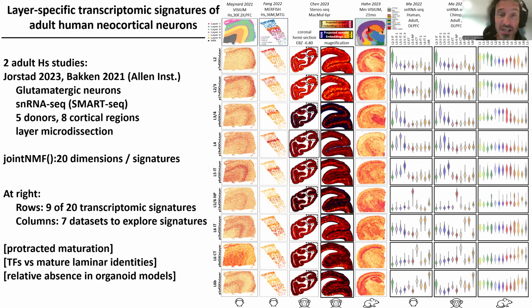So that's a projection of the signatures we get out of the first 2 data sets that have all the deep sequencing, all adult neurons. And we're going to look at that across different mouse, monkey, and human data sets, and spatial and single nucleus data sets. So I'm going to highlight 2 of these. They're arranged in order of depth in the cortex. So we have layer 6 signatures and to 5, 4, all the way up to layer 2 here.